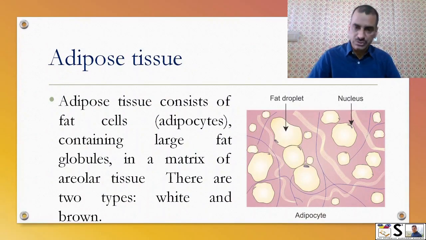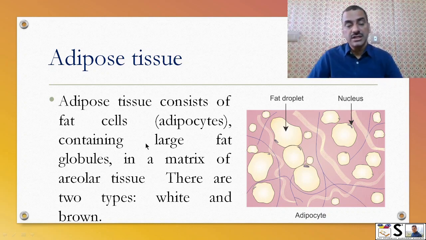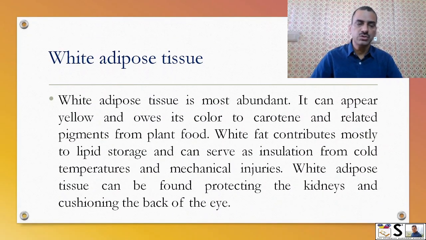Next is adipose tissue. Adipose tissue contains fat cells or adipocytes. Here you can see these are fat droplets, known as fat cells. They contain a lot of fat, large fat globules in the matrix of this tissue. There are two types of adipose tissue, white and brown. White adipose tissue is most abundant in our body.